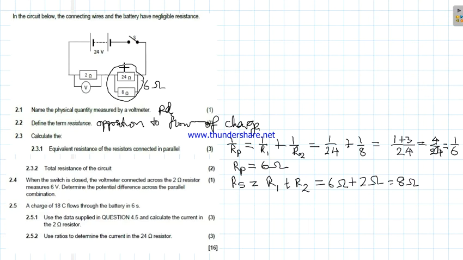The question is asking us to determine potential difference across the parallel resistors. So according to our knowledge, when resistors are connected in series, they are potential difference dividers.